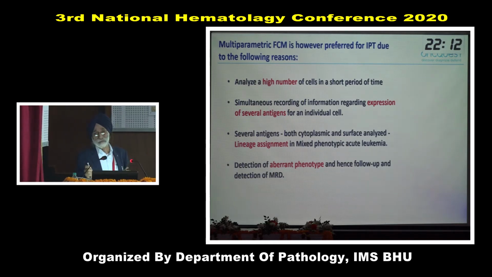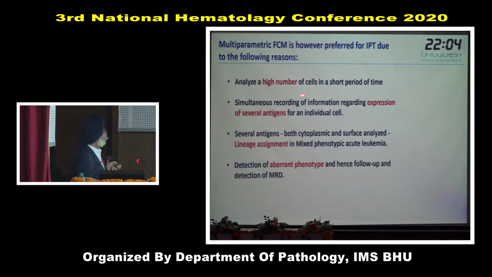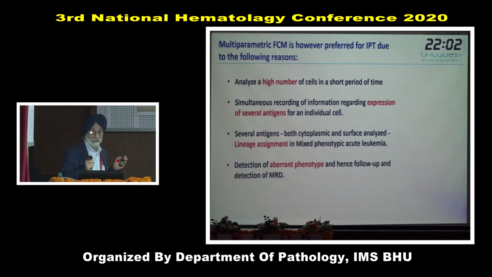All of us, by and large, diagnose acute leukemias by flow cytometry. For obvious reasons: number one, we count a high number of cells, and that is where the machine helps. You don't have to do anything, just press two or three computer buttons and every piece of data comes in front of you. Then, expression of several antigens for an individual cell.